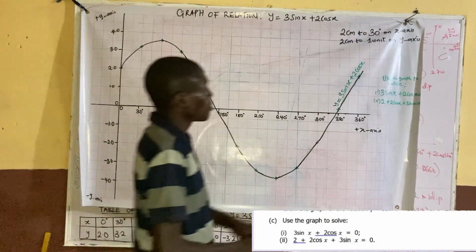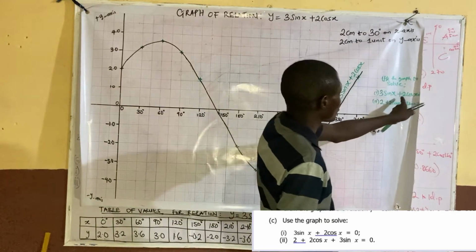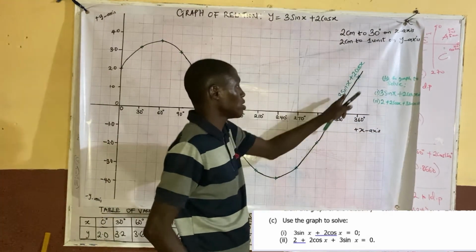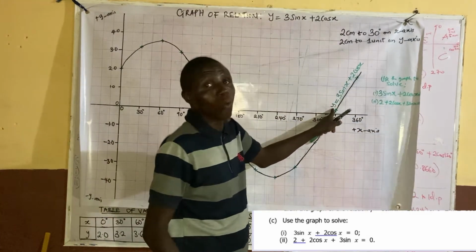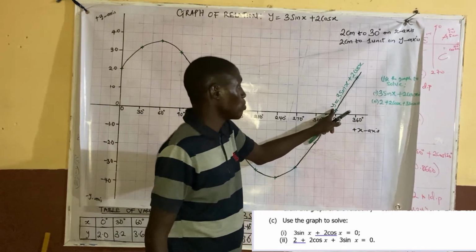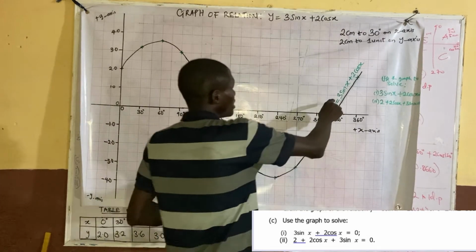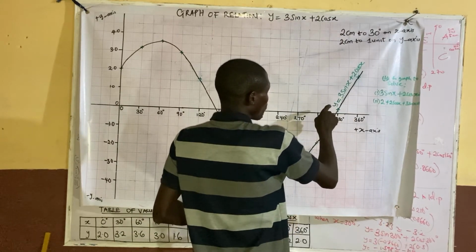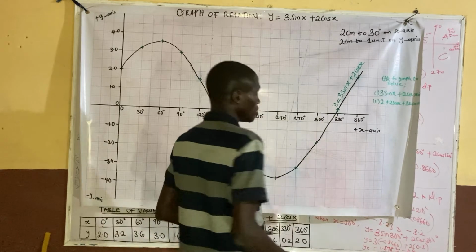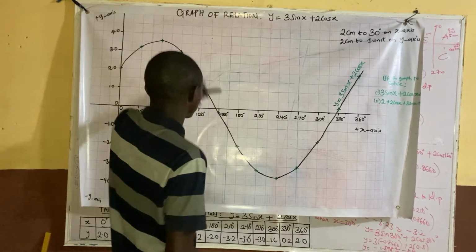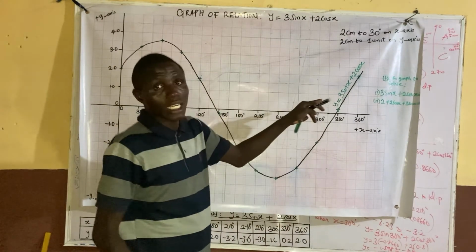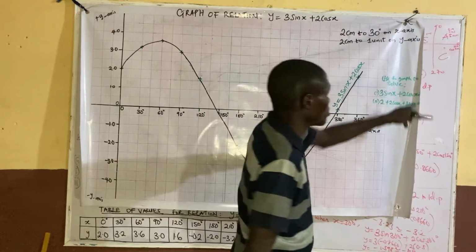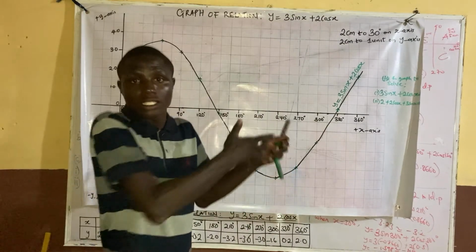Now, 3 sin x plus 2 cos x is equal to 0. The simple thing is that we set y equal to 0. So when this curve touches y equal to 0 will be the solution to this relation.